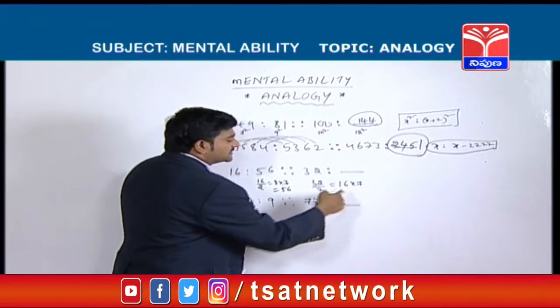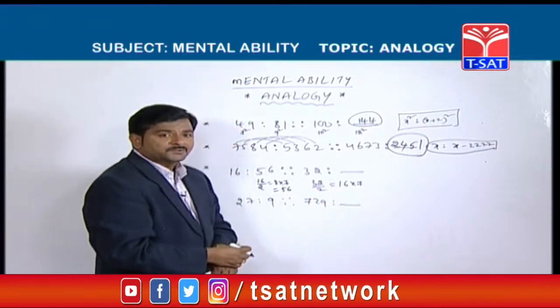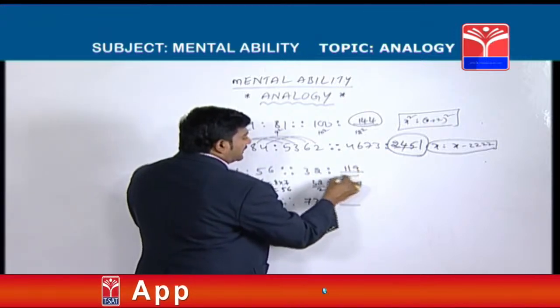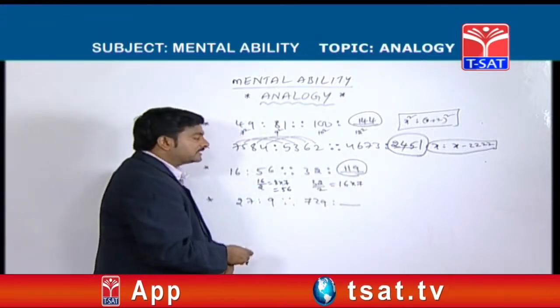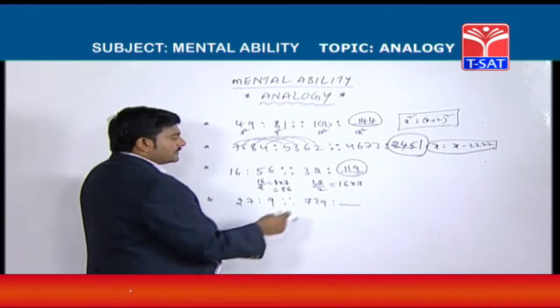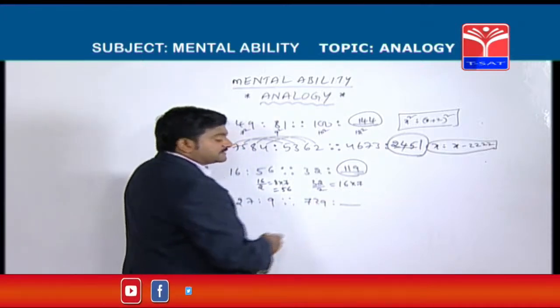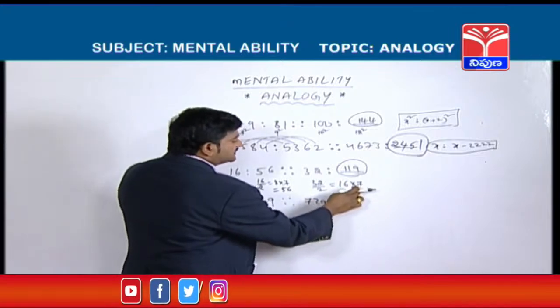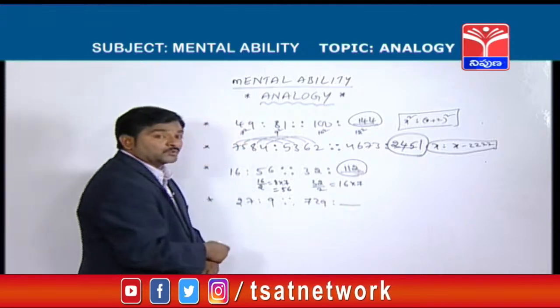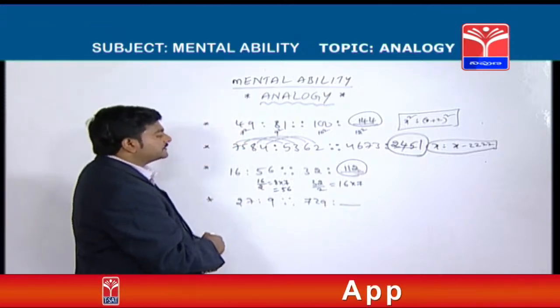Simply 10 sevens are 70. 6 sevens are 42. 70 plus 42. Simply what can you take here? 119 you can take. Okay. That is the concept involved. Is it 119? No. Once again, 10 sevens are 70. 6 sevens are 42. That's why here I am getting 112 only, 112. That is the concept for that.